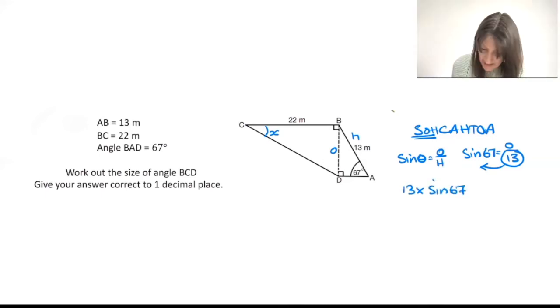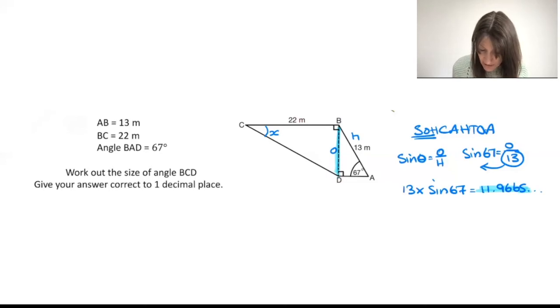Put that into my calculator and I get 11.9665, on and on it goes. So this value here is this edge here. I'm going to be using that edge to help me with the next.